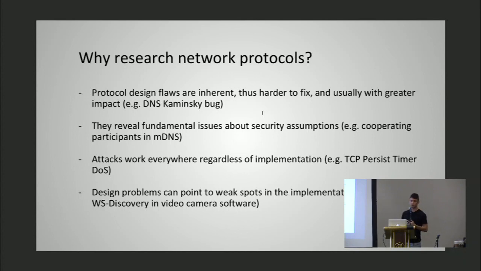You need a lot of collaboration between all the different vendors that implement this protocol. Also, sometimes inspecting the standards, the RFCs, the design of the protocol itself can help you pinpoint specific implementation bugs. We're going to see an example of that with the ONVIF and WS-Discovery protocols later on.